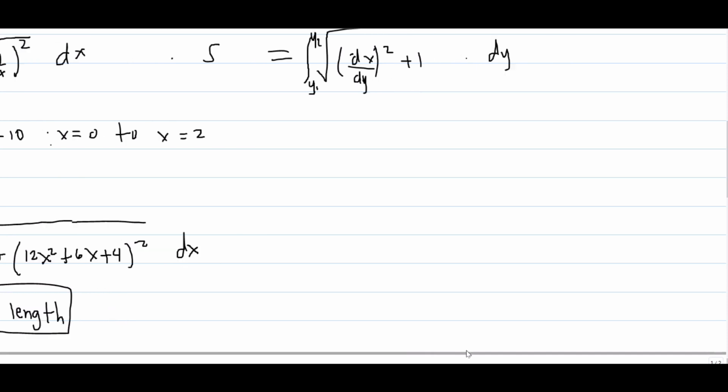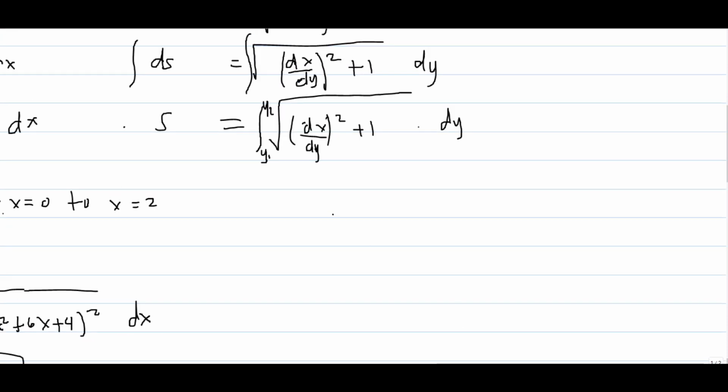So next, another example: if you are given x squared is equal to 4y plus 8, from the limit y is equal to 0 to y is equal to 10.